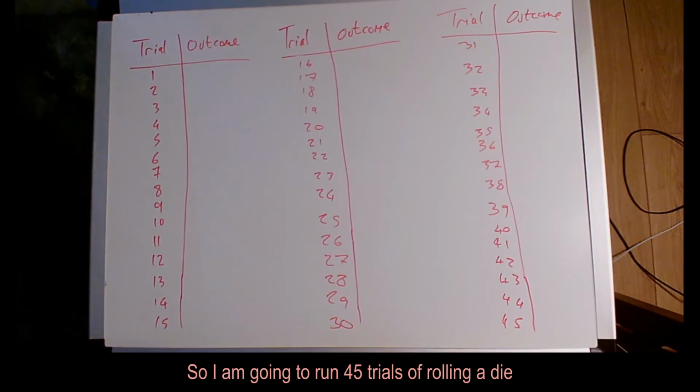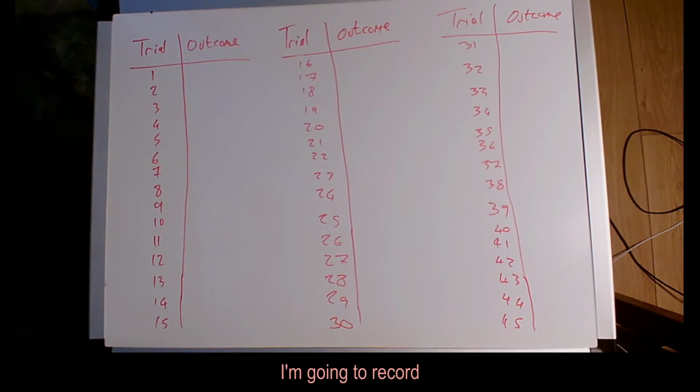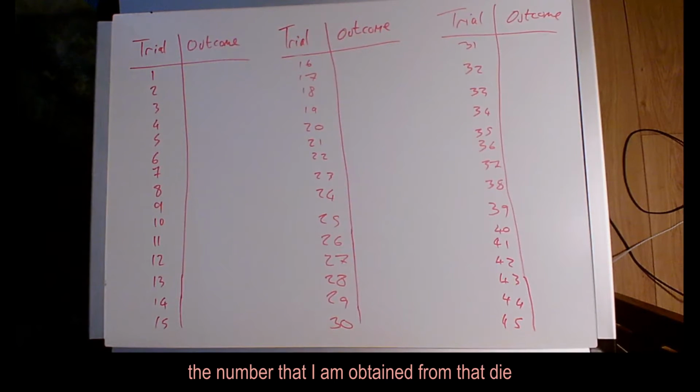So I am going to run 45 trials of rolling a die. I'm going to record the number that I obtained from that die, and I'm going to record whether it was a perfect square number or not. Let's go.